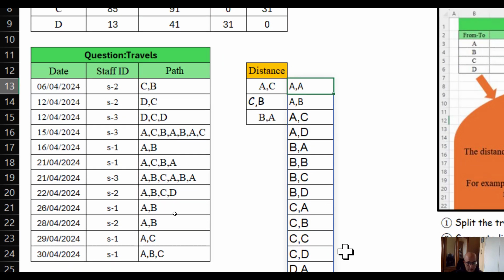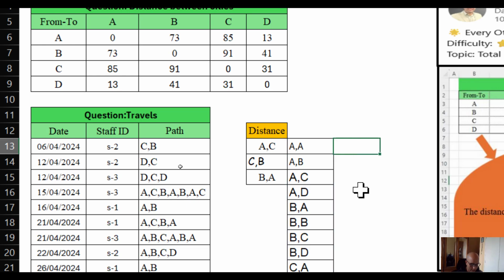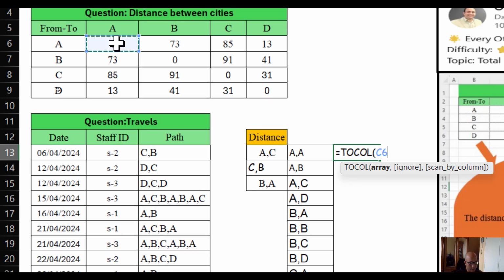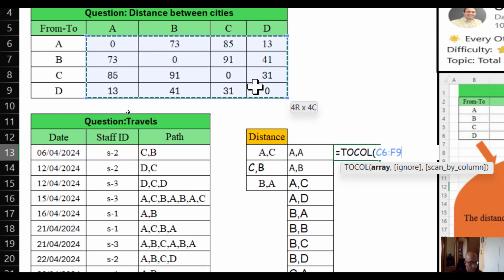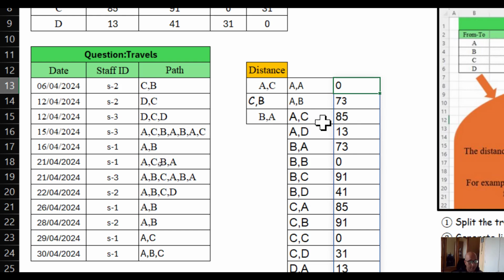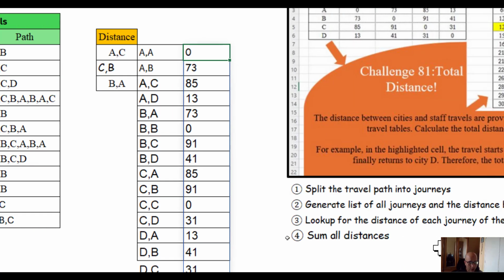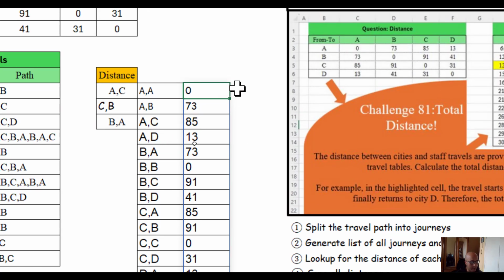We have our journeys. Now we need to add a column with our distances. So we use a second TOCOL with all these values. And here we have the distance of each journey. Now we can simply do a lookup by using the function XLOOKUP.